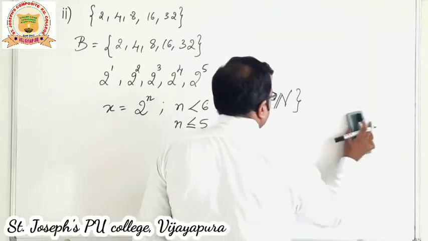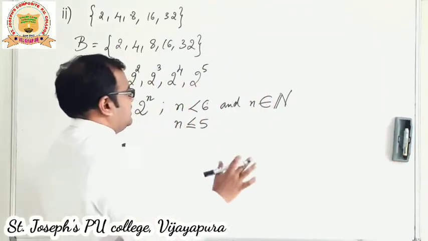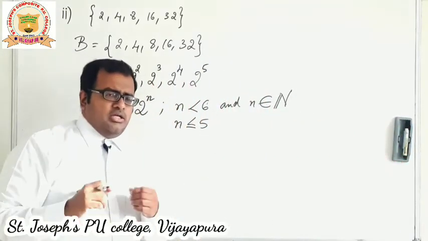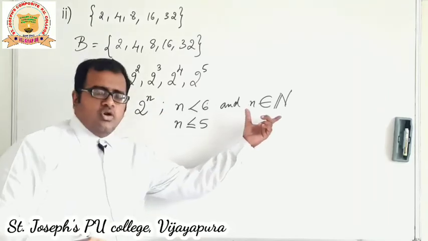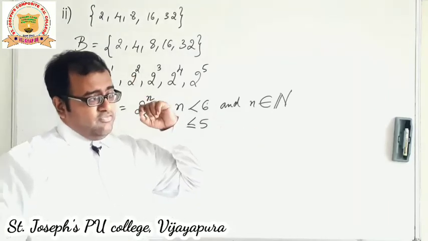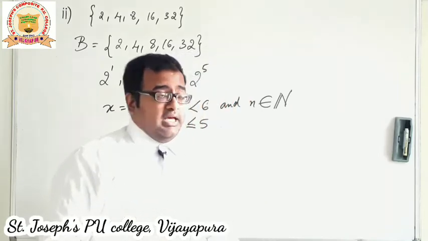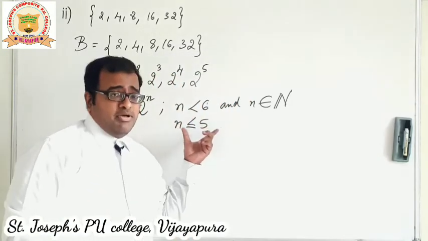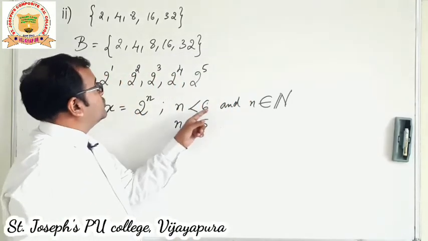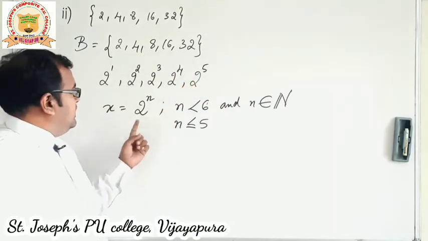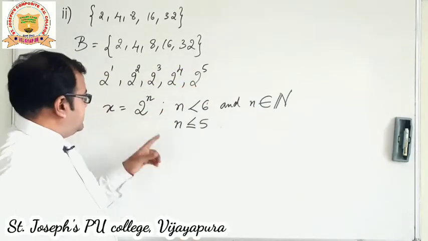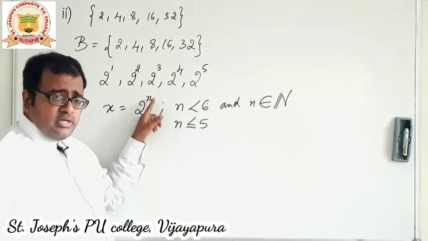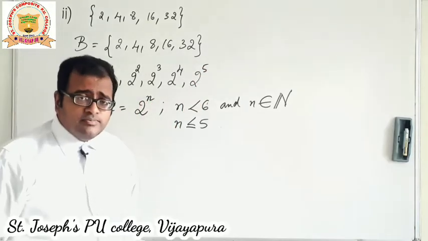Sorry, I have not yet written the set. So these are the conditions. Any other number cannot follow this condition. If any other number would have followed the condition, then I couldn't have written this as a property. This property only holds good for these 5 numbers. Any one of them you change, for example 2 to the power n plus 1, then you don't get this answer.